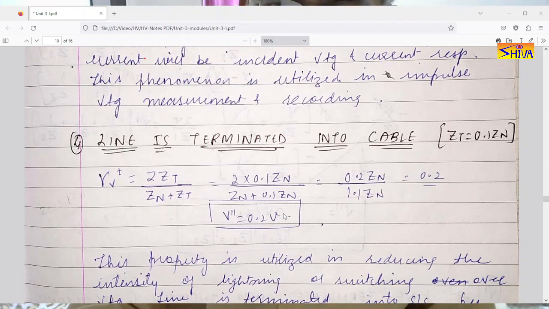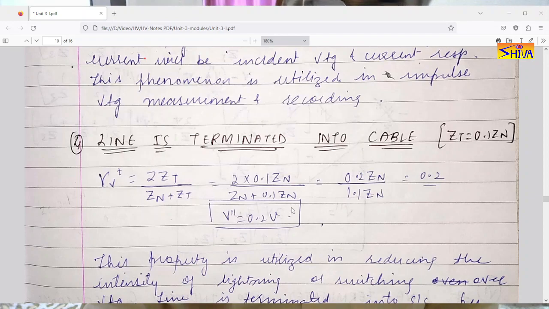Now basically we are interested in transmitted voltage because when there is switching over voltage or lightning over voltage, that acts as incident voltage and current wave. Whatever is connected at the terminating point, how much voltage or current is entering that terminating impedance, in that we are interested.